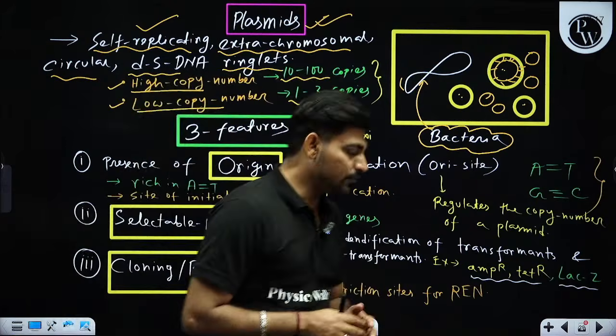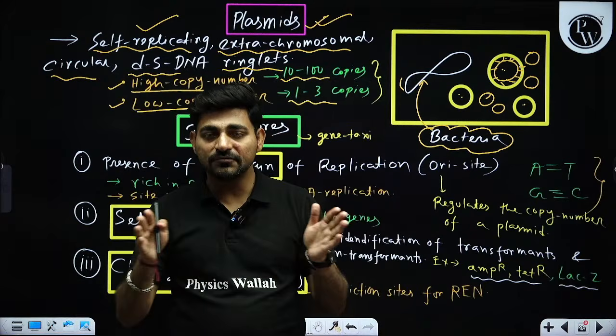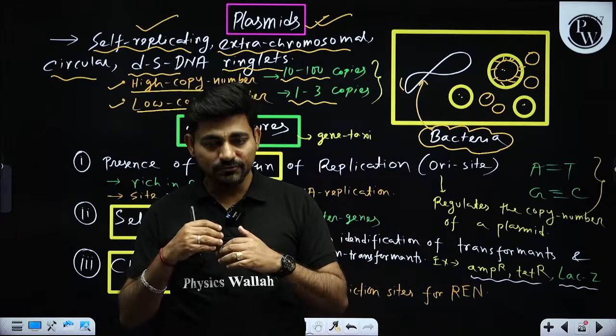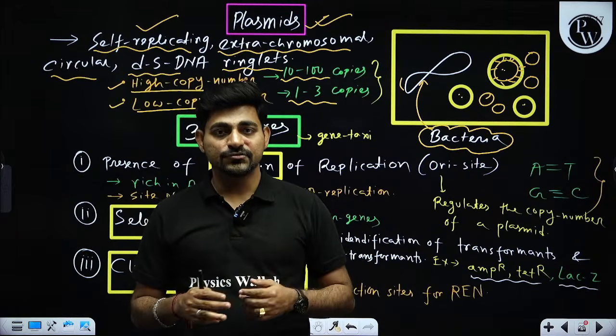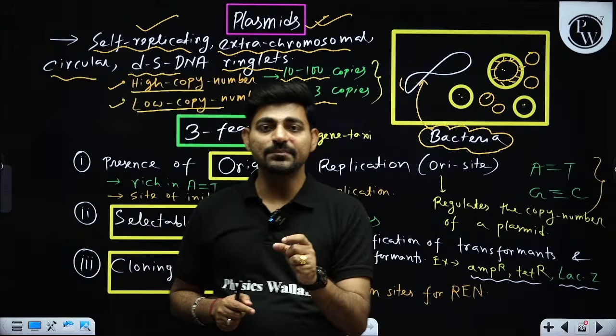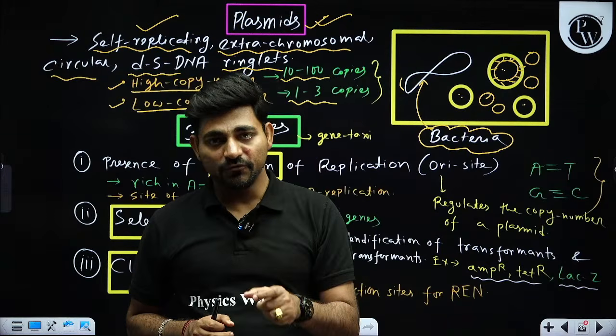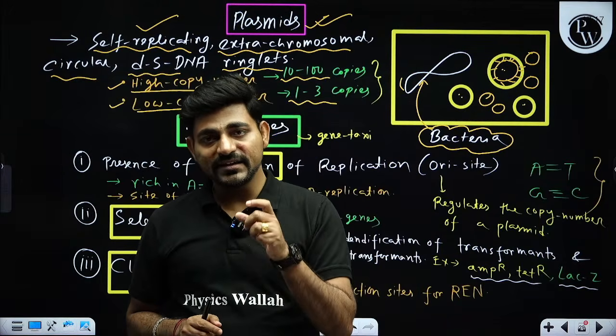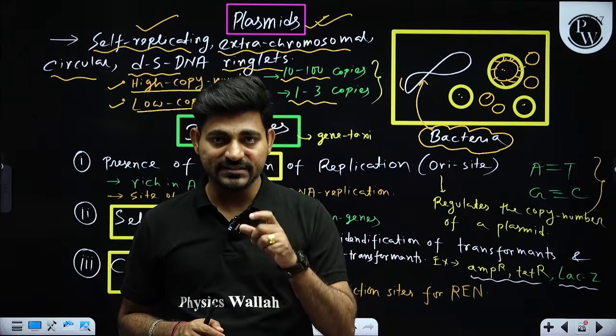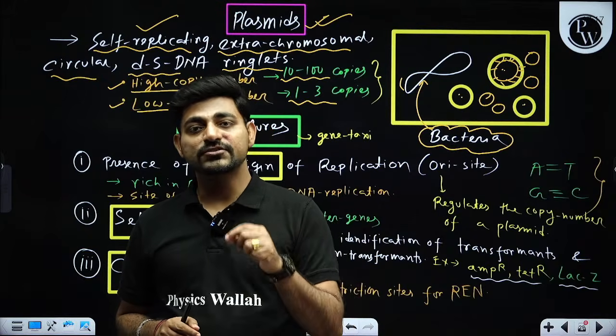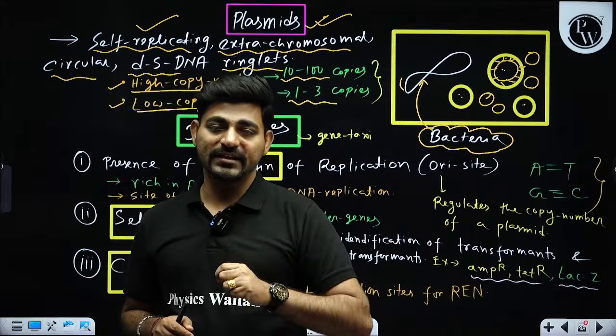Now if you check the length of a DNA, and if you want DNA replication, the point of that particular DNA from where the replication will be initiated or started is called the origin of replication.